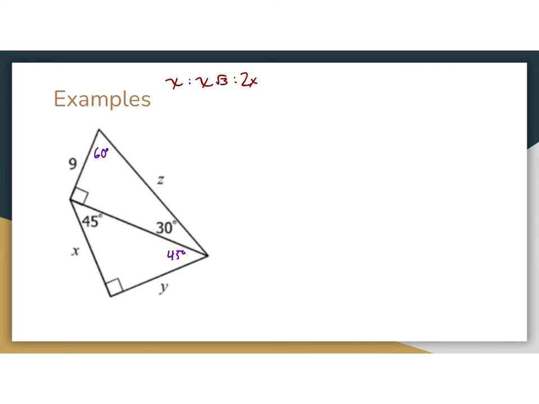Let's look at just this top triangle and see what we got. 30 is across from 9, so my short side is 9, and they want Z, the hypotenuse. That's just going to be double, so that's going to be 18. Boom, easy.